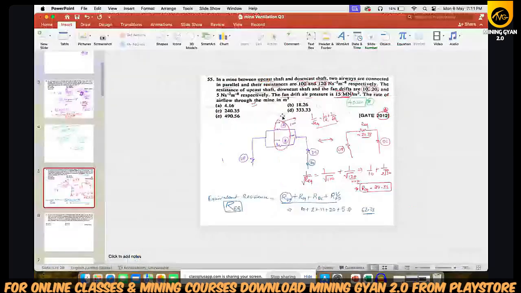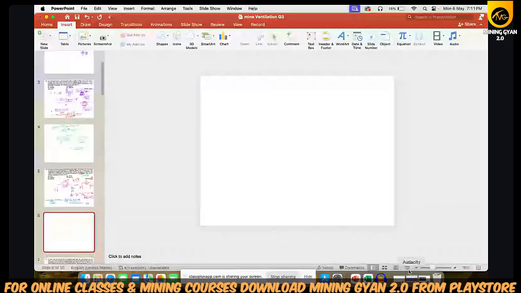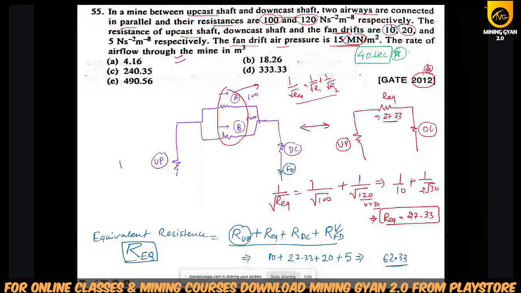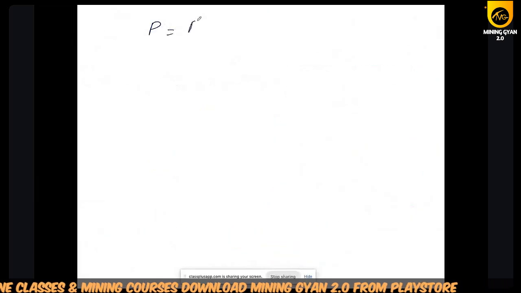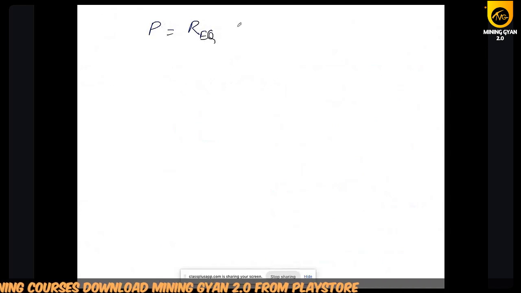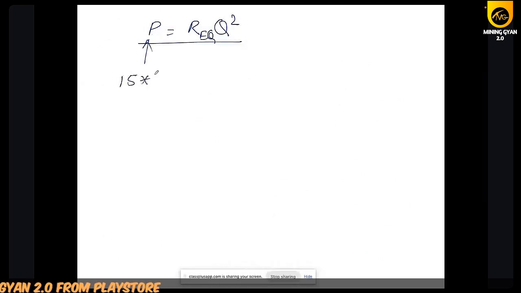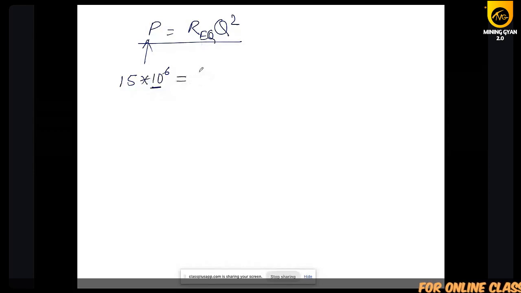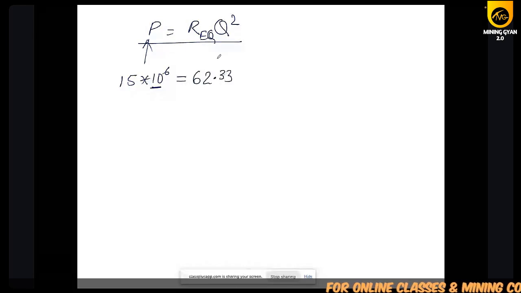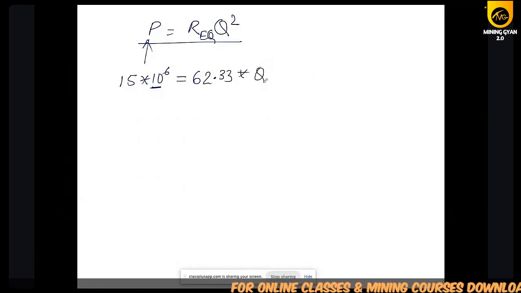If you have found R equivalent, and in this question he has also provided the air pressure, 50 MN per meter square. As you know, pressure equals R equivalent of the mine times Q squared. This is the formula. Pressure he has provided as 50 M, so 10 to the power 6, capital M means apply 10 to the power 6, understood? Equals R equivalent, which you calculated as 62.33, into Q squared.